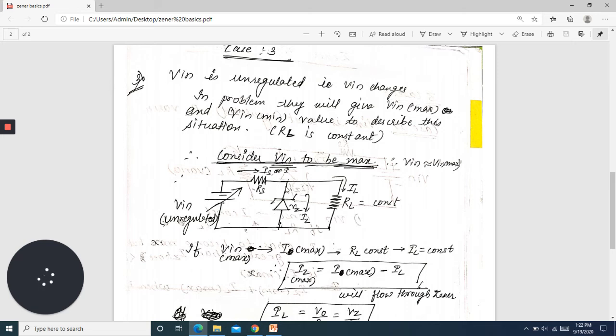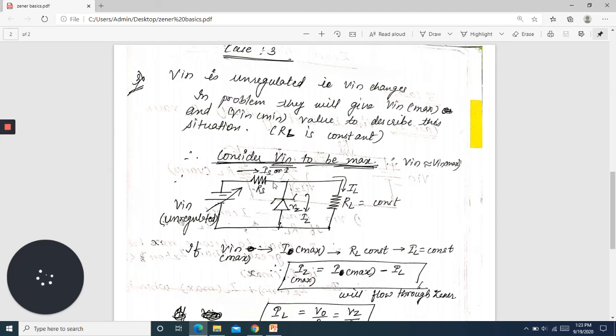Okay. So now see, when Vin is minimum, let us assume this Vin value is minimum, what will be the total current I? It will also be minimum. For the minimum voltage, minimum current will flow. Now this minimum current, I have changed the name to I minimum, because Vin is minimum.